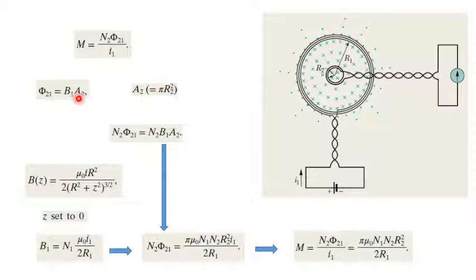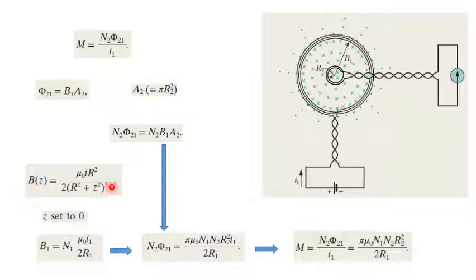The question now is how to determine B1. If we have N1 turns having a current I, we can find the magnetic field by using Biot-Savart law as mu naught I R squared over 2 times (R squared plus Z squared) to the power 3 over 2.